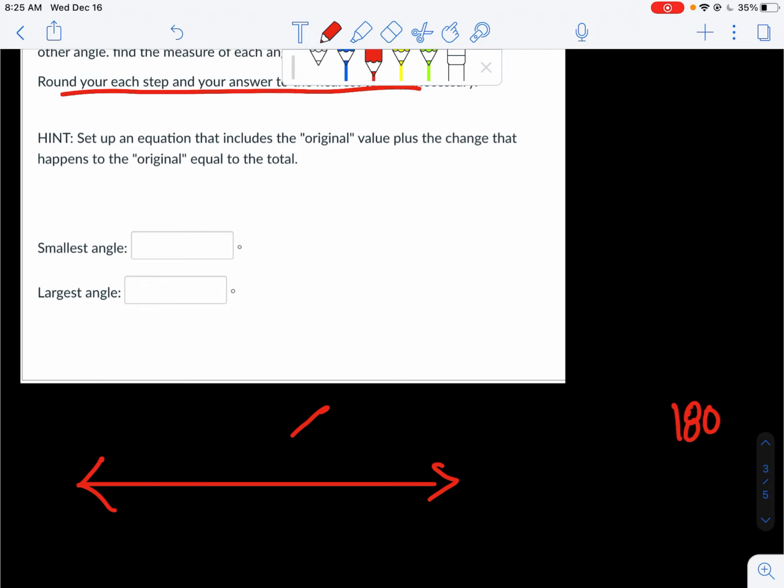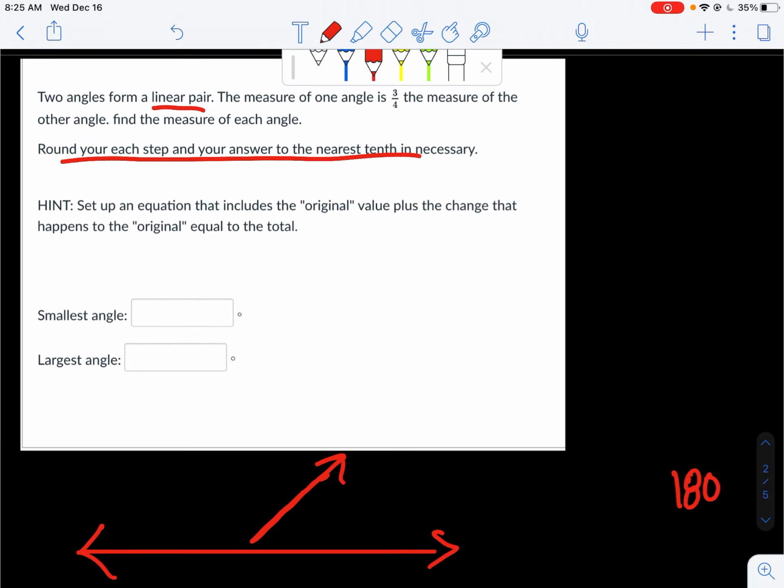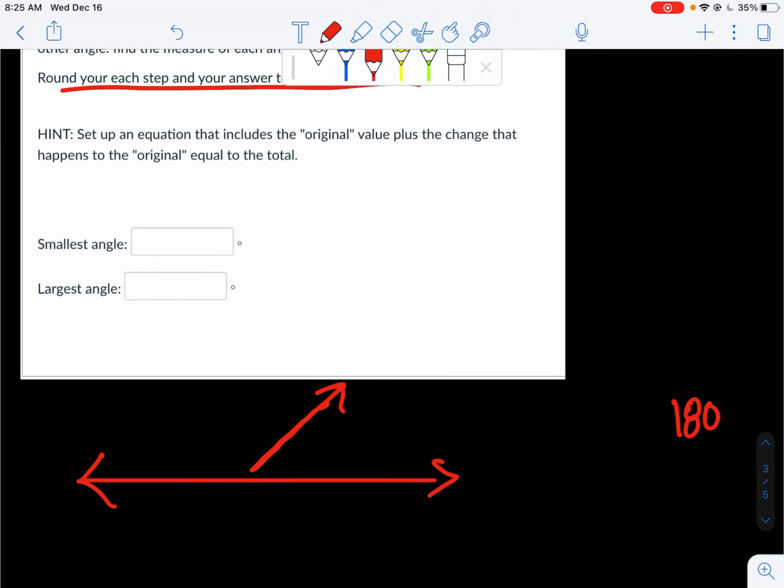So let's just say, I'll just draw a picture like this so it can help us out. The measure of one angle is 3/4 the measure of the other. So we have one angle that is 3/4. If we just say this other angle is x, this is what I'm talking about by the original angle. That we have kind of the one that we're starting with, and then over here, 3/4 x, that's the one that we're changing.